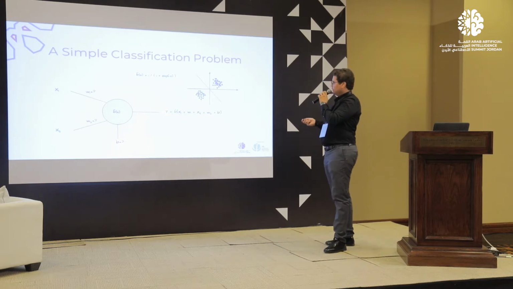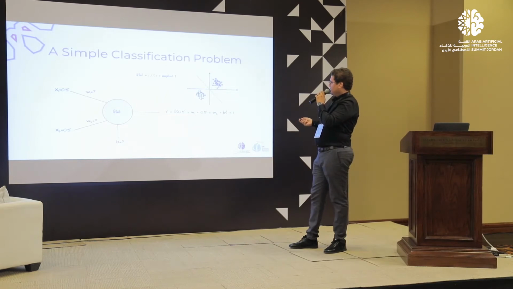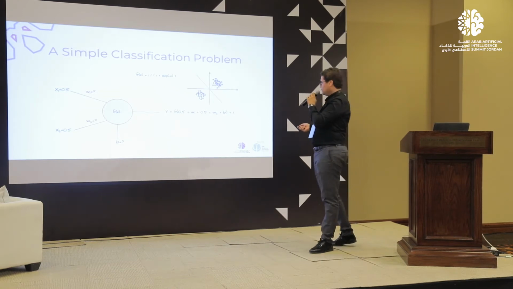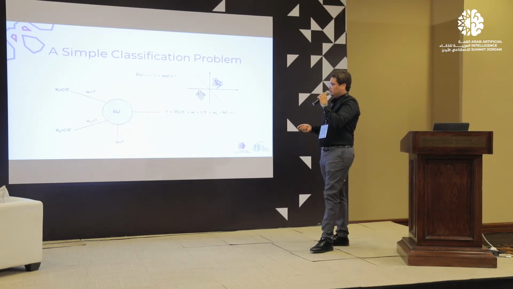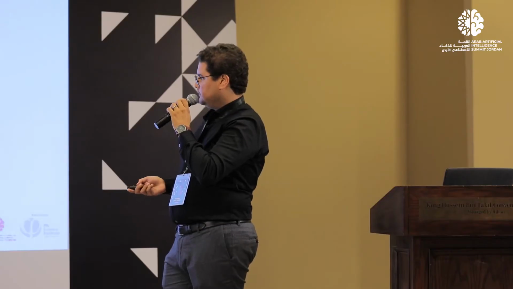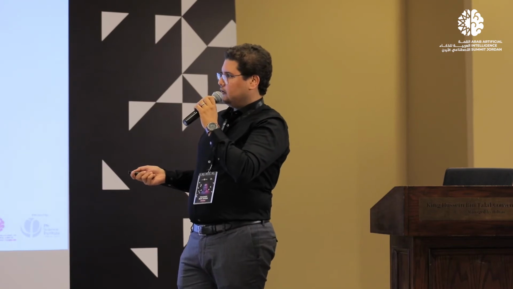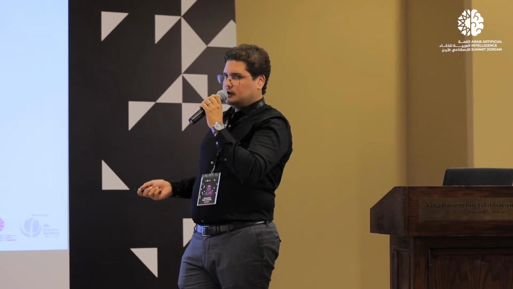For the neuron on this side, the inputs will be 0.5 and 0.5, and at the end we want the network to output 1 for the first class. So we should do an optimization over all the points to find the best values of omega 1, omega 2, and B. And the same for this class here. If the inputs are minus 0.5 and minus 0.5, and the output should be 0, what are the best weights we can find here?